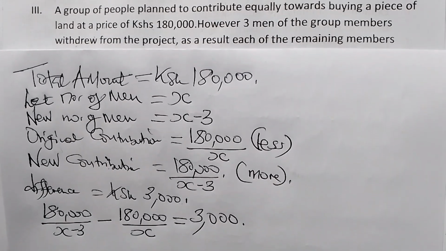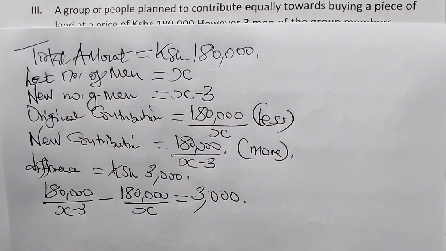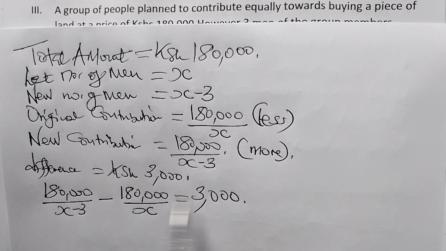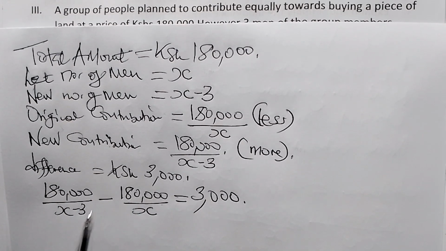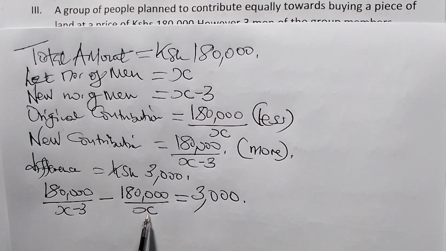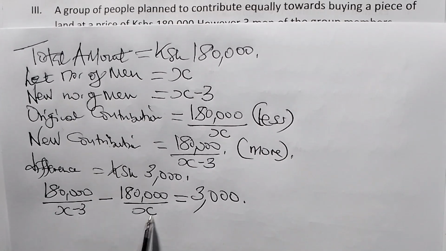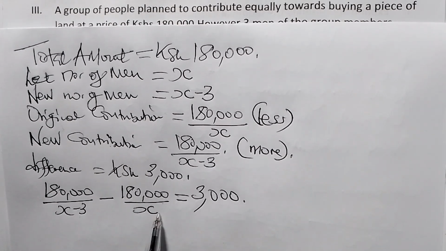So we need to multiply every term by the LCM, and our LCM here will be given by the product of x minus 3 multiplied by x.